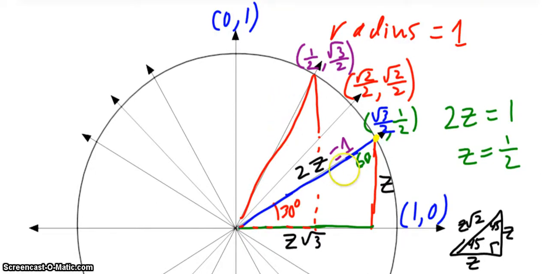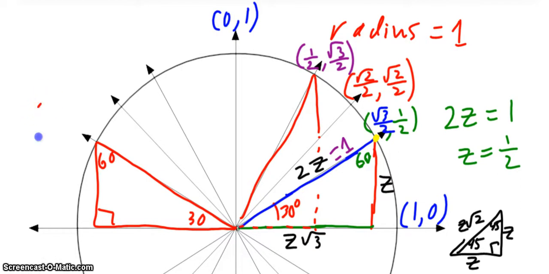Therefore, they would all have the same triangle if you drew in a triangle. So, for example, if I draw this triangle, this is 30, this is 60, and this is 90. The only thing that's going to change is in the second quadrant, the x value is negative and the y value is positive.